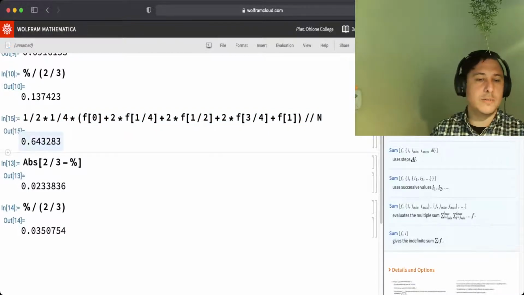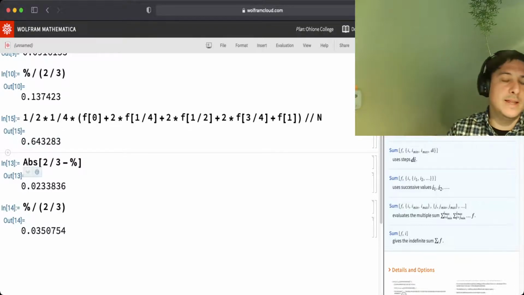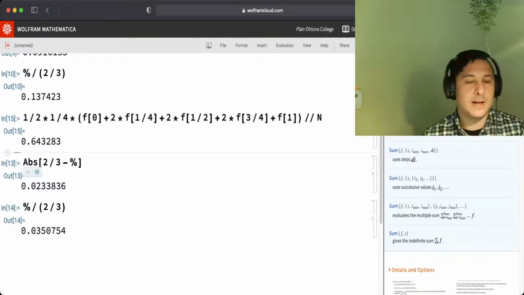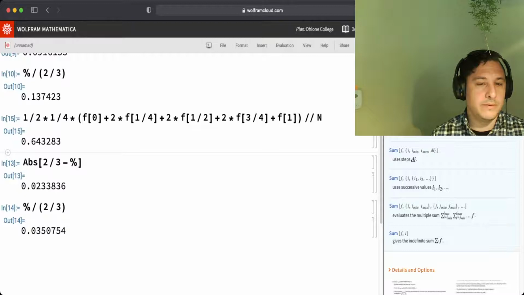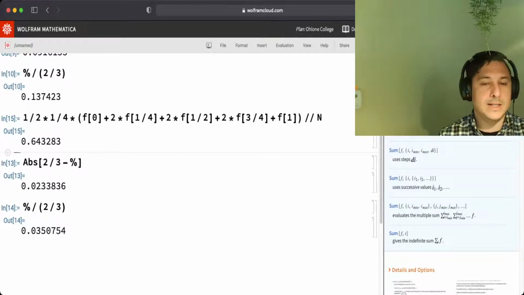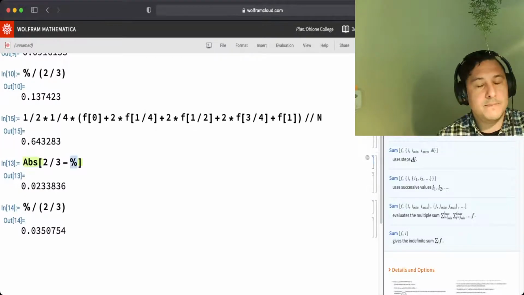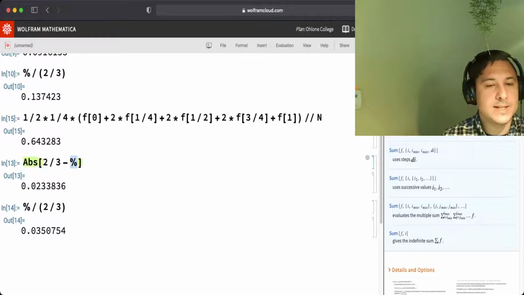Boom, I got 0.64. So what I then did to get the absolute error was the absolute value of 2/3, which is the real thing, minus, do you see this percent sign? Percent sign means the last number I calculated. The last number I calculated was the area, 0.64, so it did 2/3 minus 0.643283.